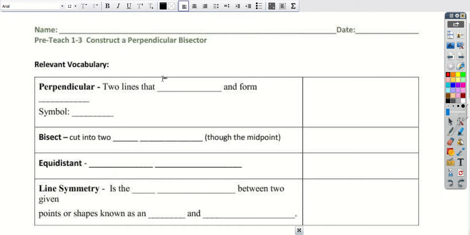So, some relevant vocabulary for the lesson you're going to need. The first word is perpendicular. Perpendicular refers to two lines that intersect, cross, and form 90-degree angles or right angles, okay?